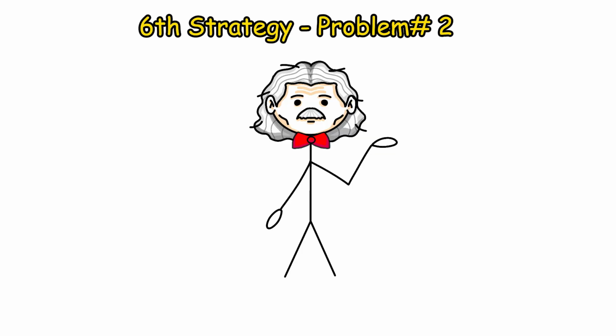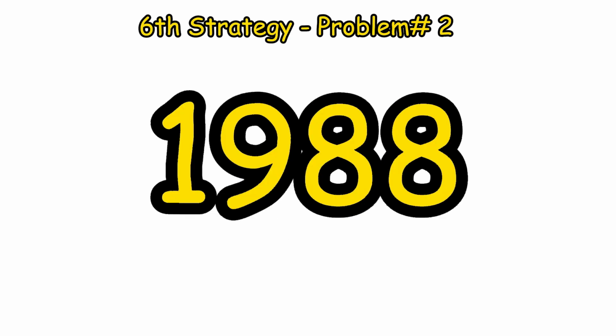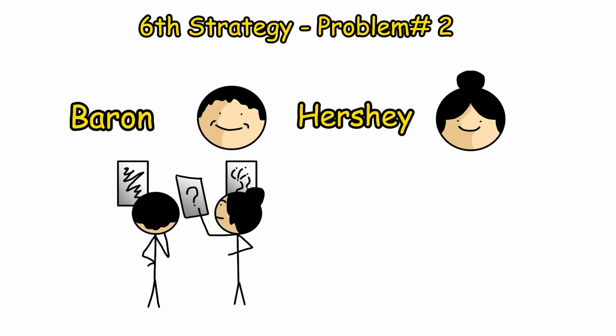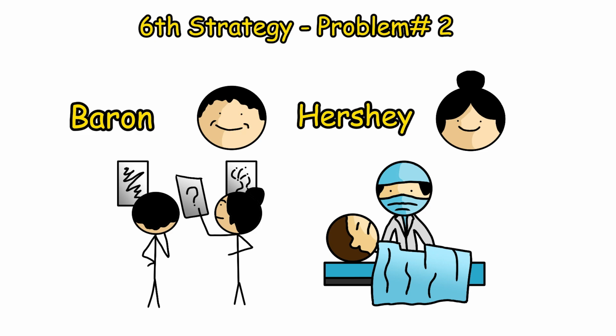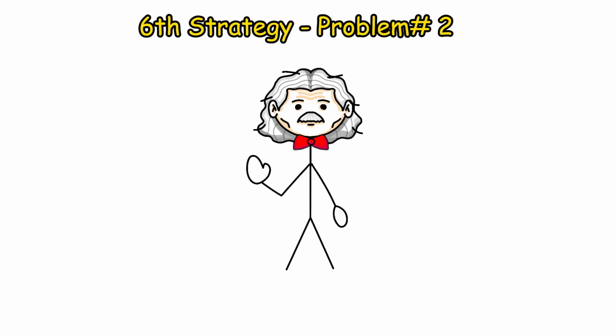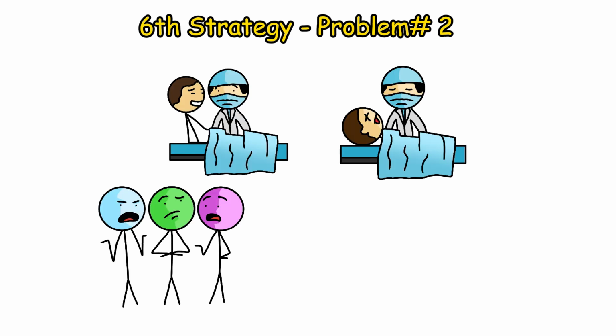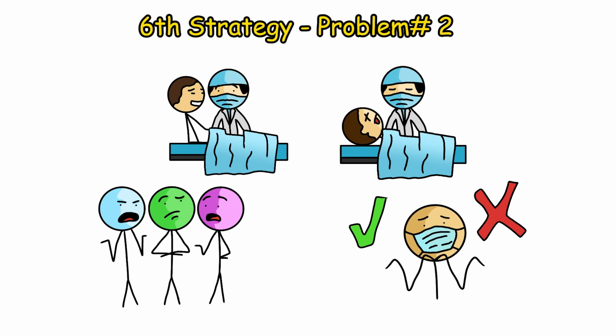This was a fairly obvious example. But what happens when the situation isn't so clear? In a 1988 study, Barron and Hershey created a series of hypothetical scenarios in which a doctor had to decide whether to perform a risky operation to save a patient's life. In one scenario, the operation succeeded, while in the other, it failed. The participants in the study had to evaluate the quality of the doctor's decision to proceed with the surgery.